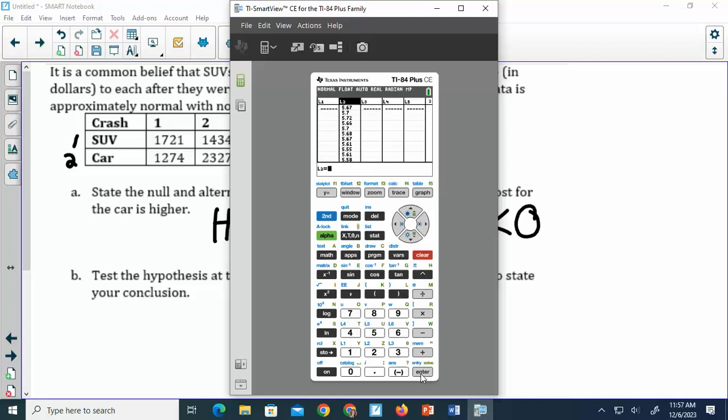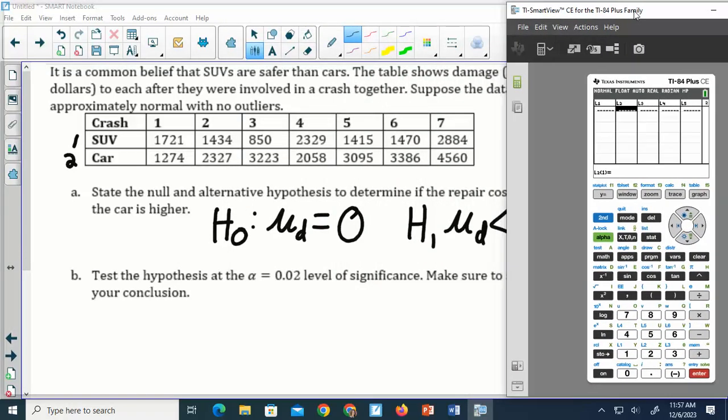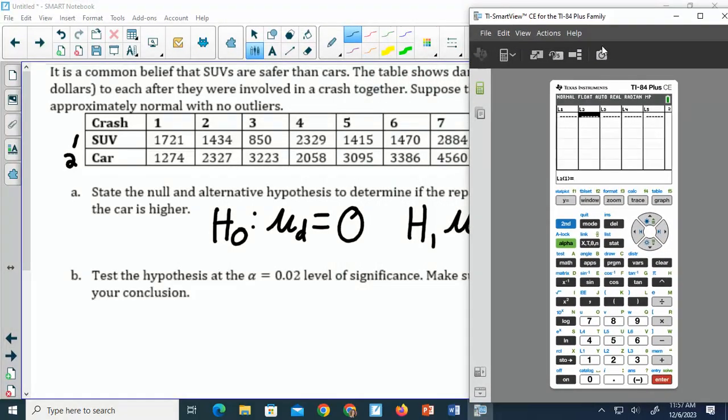We did one of them in L1, and we did the other one in L2.